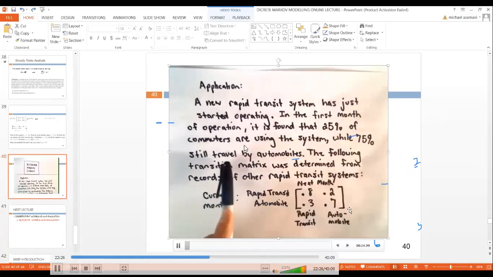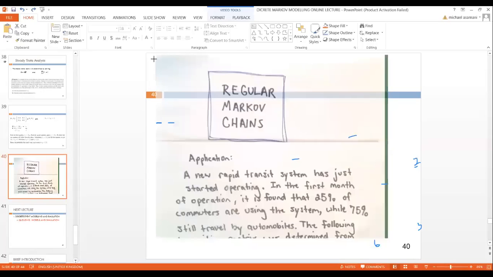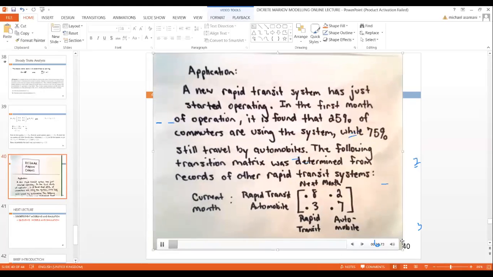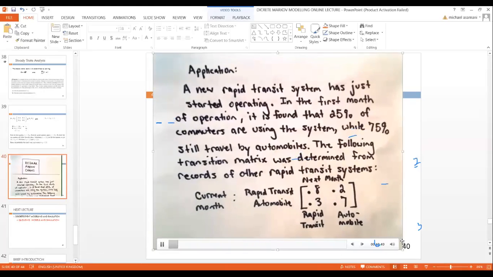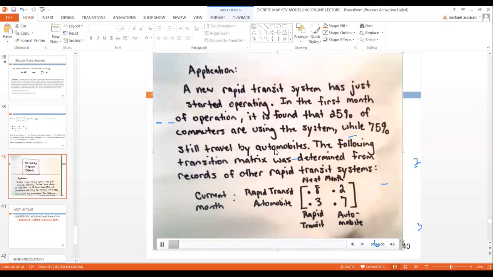So the question says that a new rapid transit system has just started operating. In the first month of operation, it is found that 25% of commuters are using the system, while 75% are still traveling by automobiles.